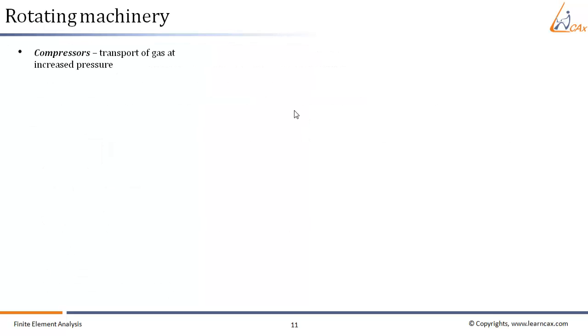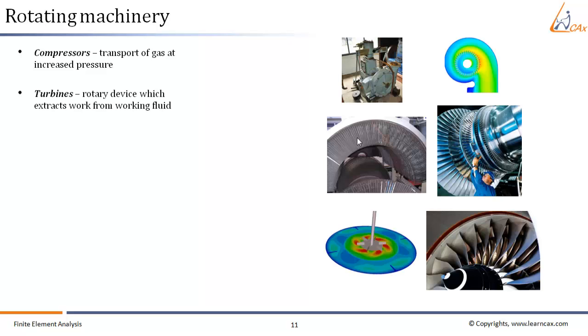Rotating machinery are machines or equipments which have a rotating component as their principal driving force. So we will review one by one some of these. First is compressors. In these, transport of gas at increased pressure is the working principle. After that, there are turbines. Turbines have a rotary device which extracts work from a working fluid.